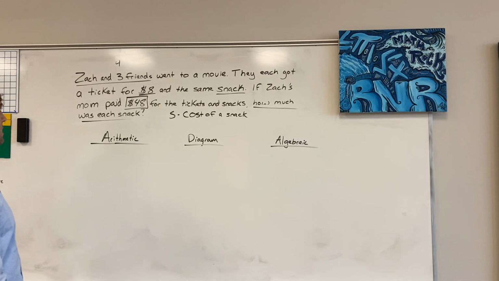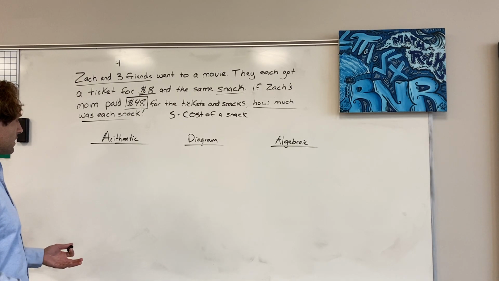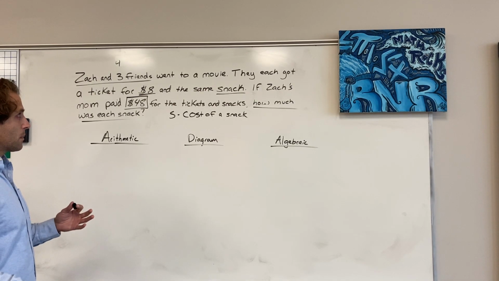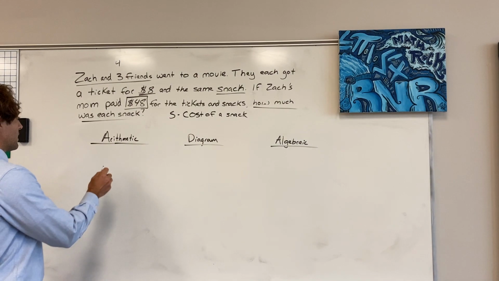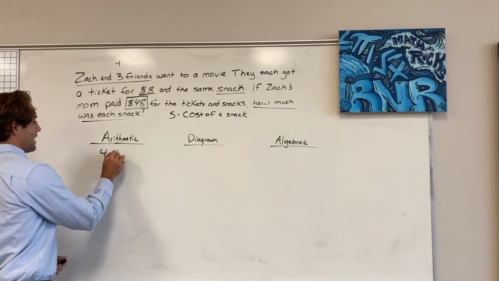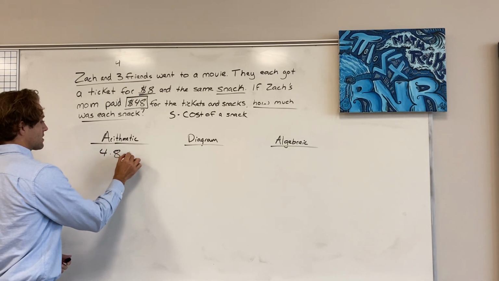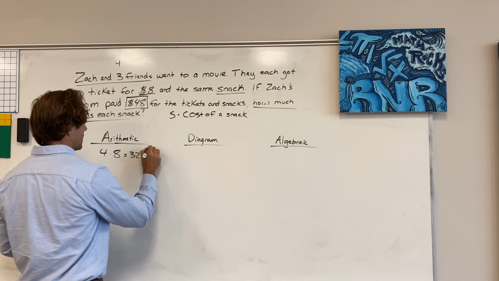And what I'd like to do is think about this as if they go to the movies and there are 4 people and it's $8 a ticket, then I would think about this like 4 times 8 is 32. So that's the cost of the tickets.